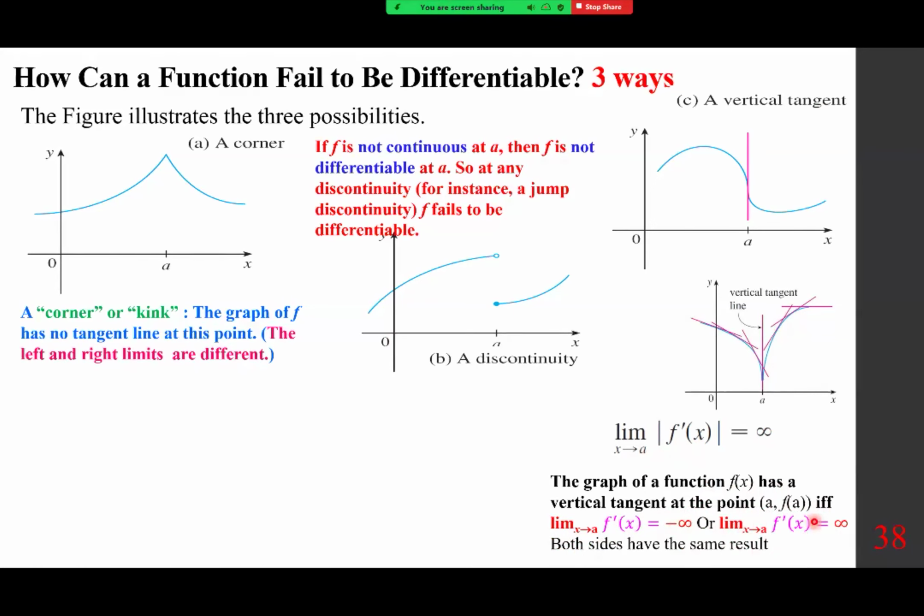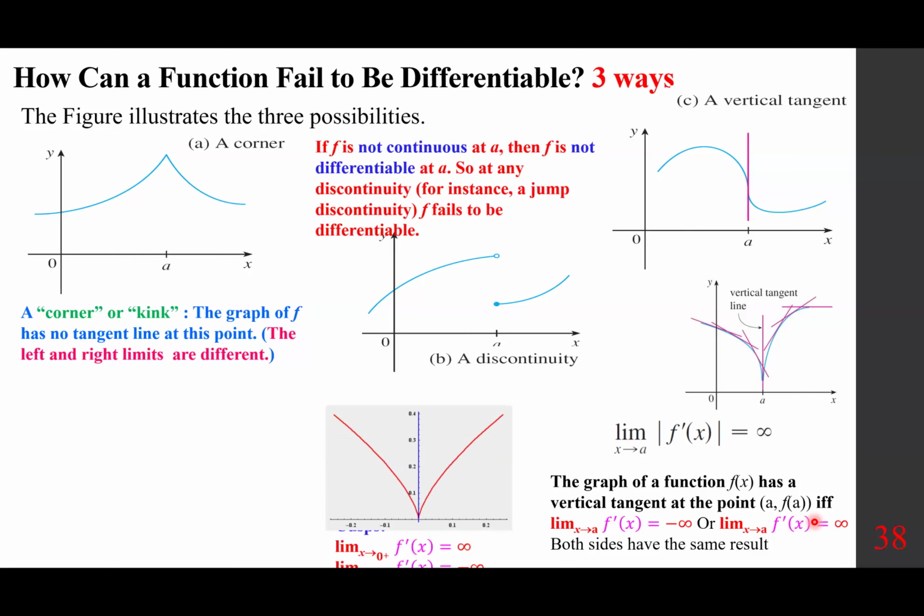Both sides have the same result. So the limit of the derivative, in essence the second derivative of the original function, blows up to infinity or negative infinity.